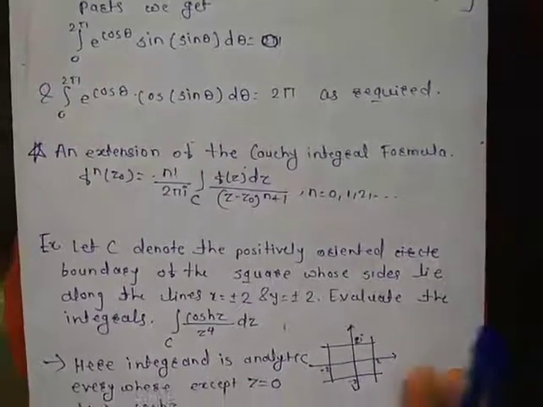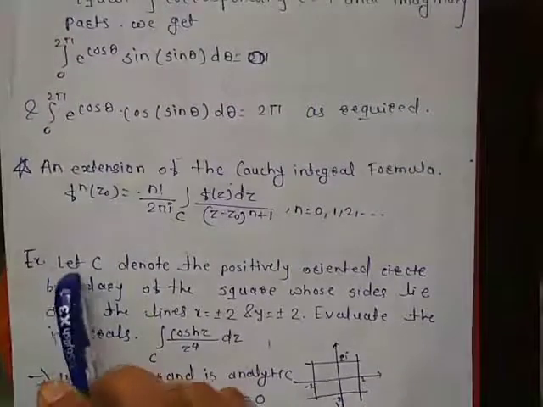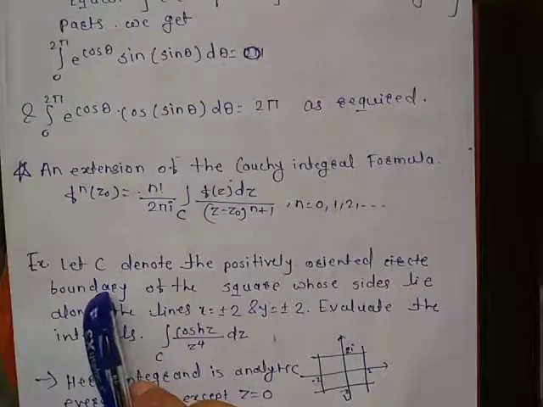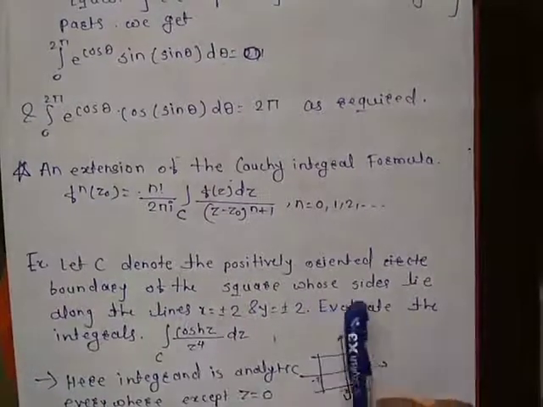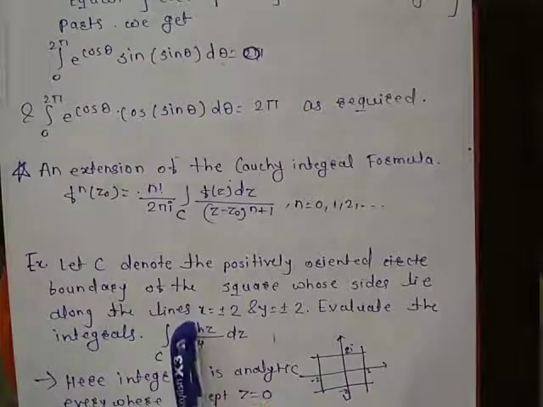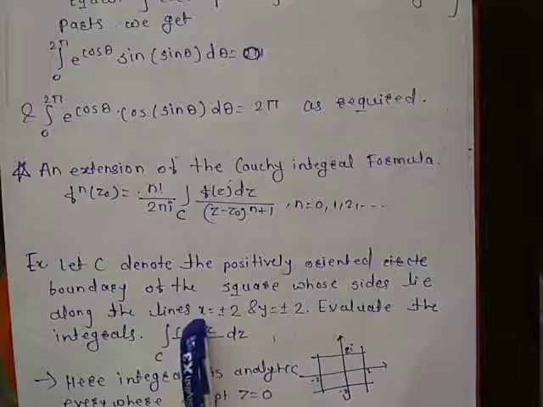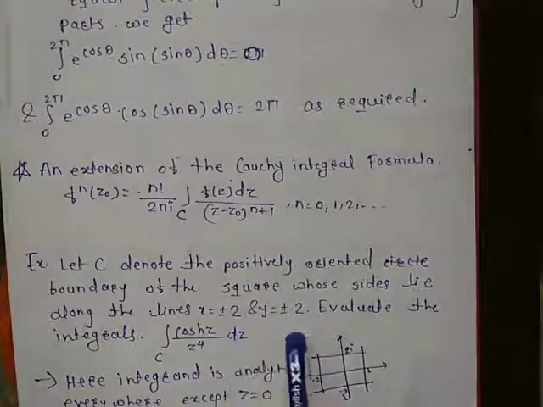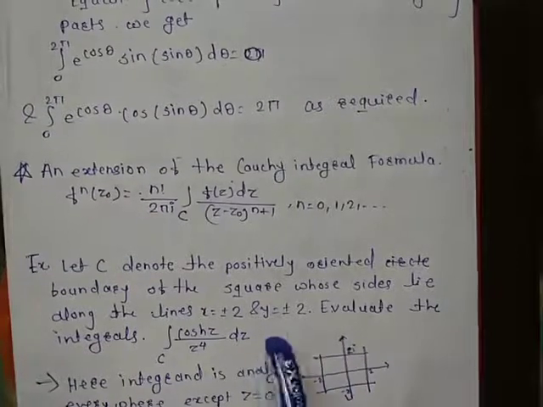The first example is: let C denote the positively oriented boundary of the square whose sides lie along the lines x equals plus or minus 2, y equals plus or minus 2.